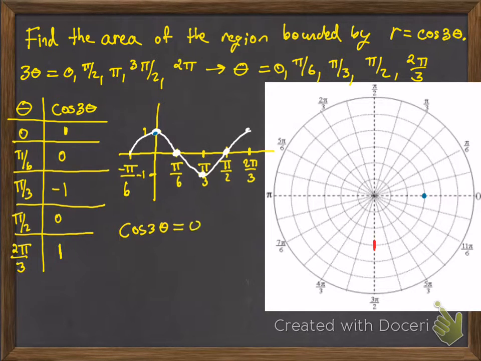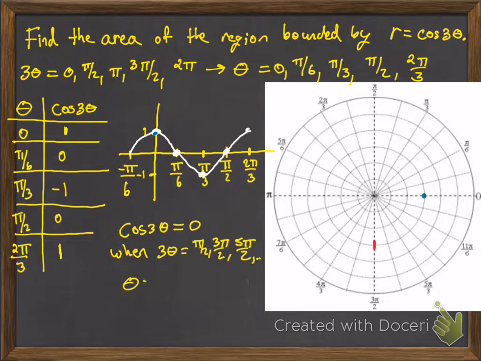Now, cosine of 3 theta equals 0. I'm going to go back and get those rose petals in a minute, but I'm finding where I cross the pole, and that's when 3 theta is equal to pi over 2, 3 pi over 2, 5 pi over 2, 7 pi over 2, 9 pi over 2, etc. I only go out to 5 pi over 2. If I need to go further, I can include more.